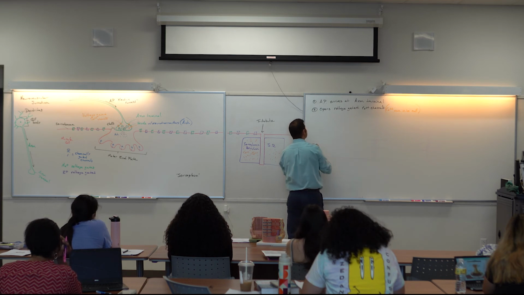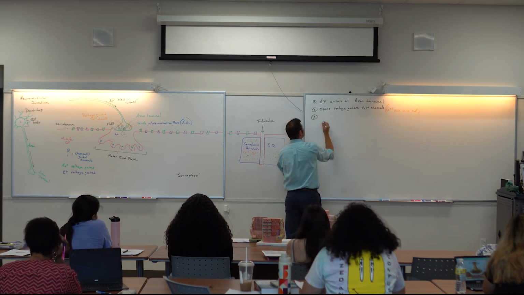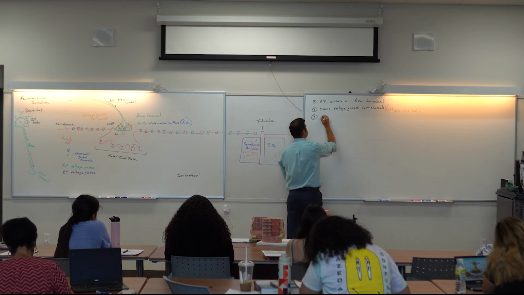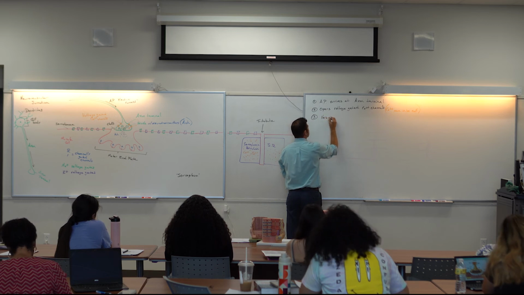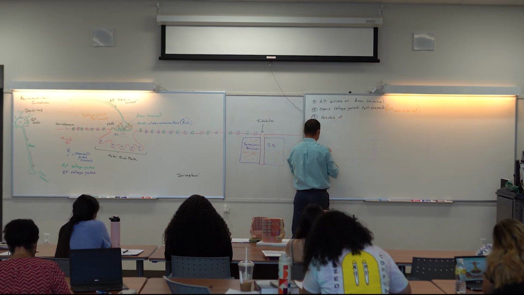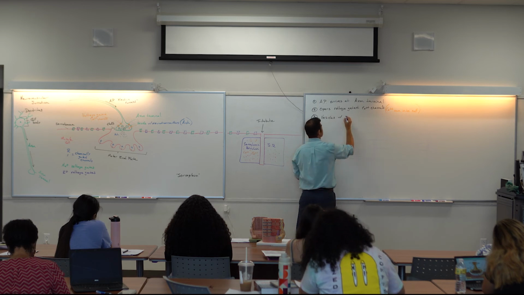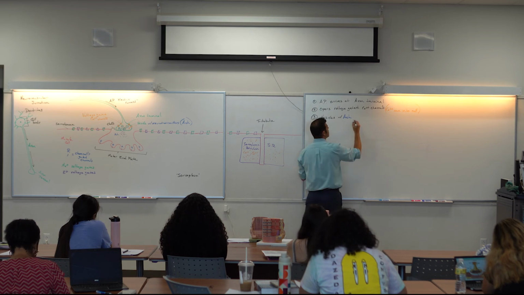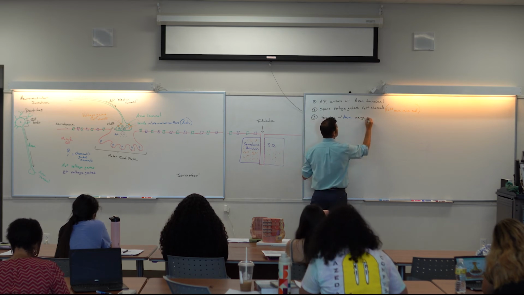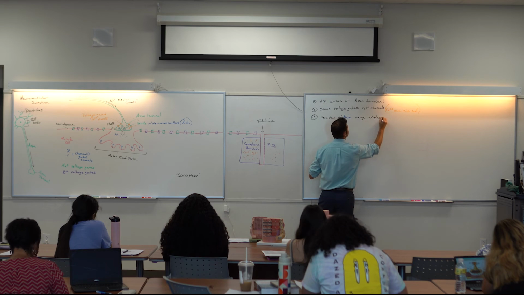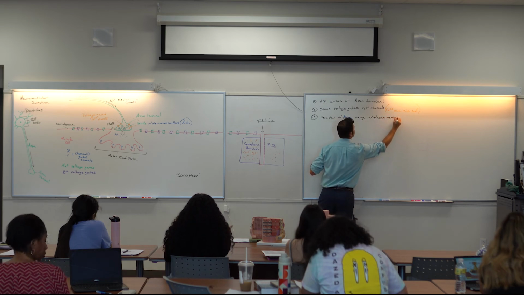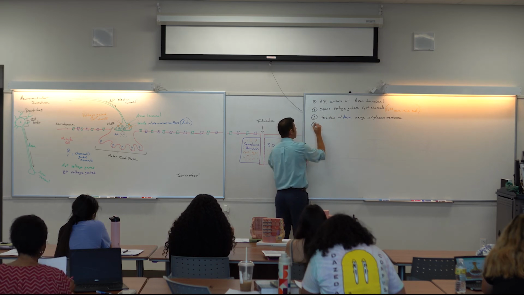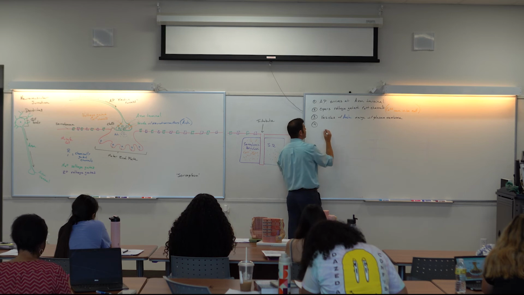As calcium moves into the cell, vesicles with neurotransmitter, this acetylcholine, merge with the plasma membrane. After they merge, number 4, they release that acetylcholine into the synaptic cleft.